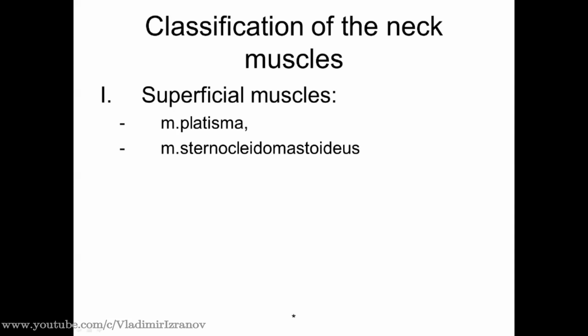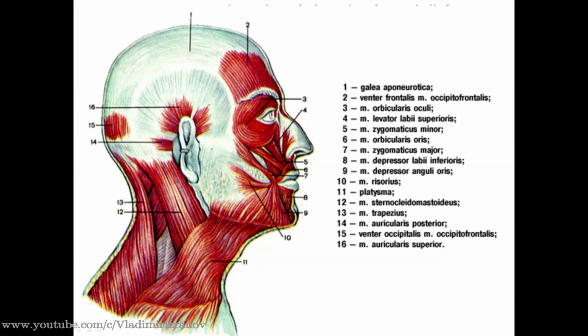So, this is a picture from one Russian textbook of Sapin, and here all the muscles are demonstrated, and one of them is a muscle about which we now discuss.